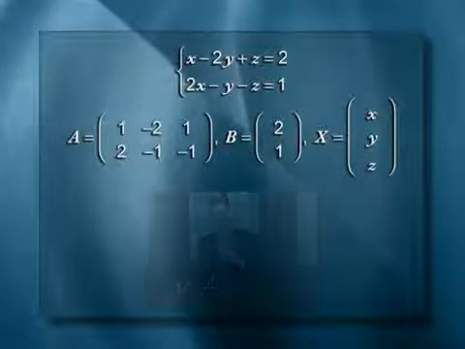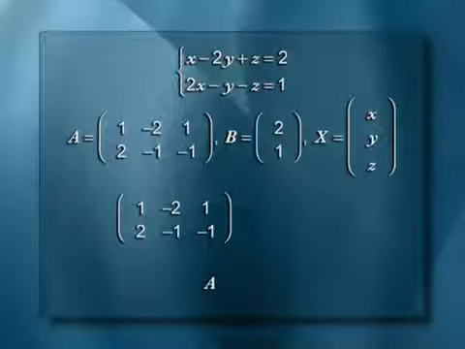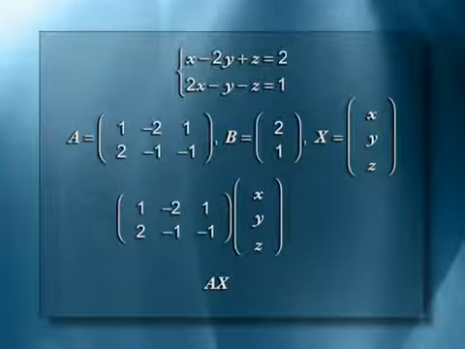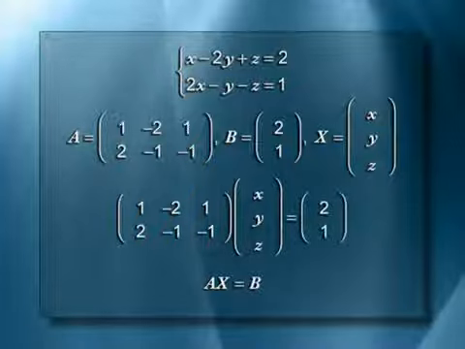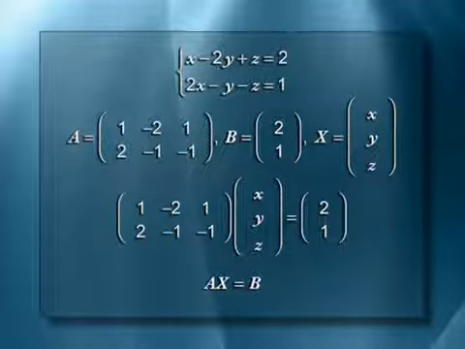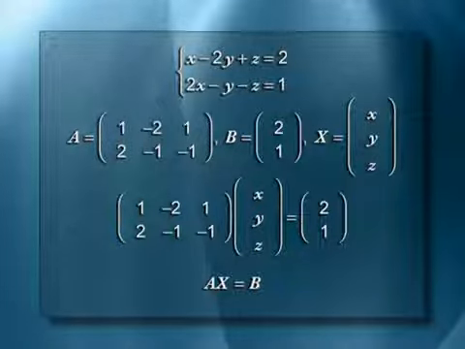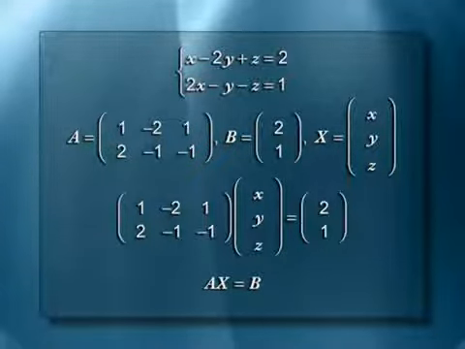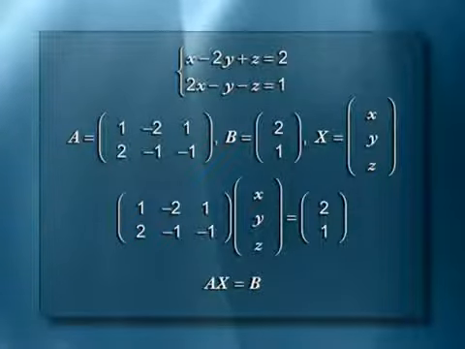Watch how it works. Put the matrix A down, and to the right of it, put the column x, y, z. And that equals, I claim, 2, 1, the B matrix. Let's check that. Let's multiply the matrix A times x, y, z. Can we multiply them? Well, the matrix A is 2 by 3. The matrix capital X is 3 by 1. Yes, I'm allowed to multiply.